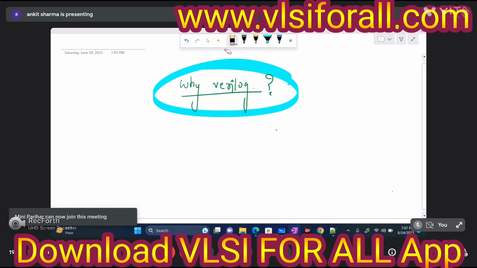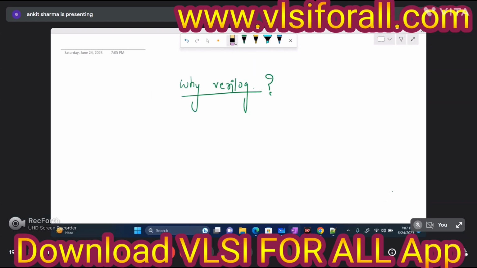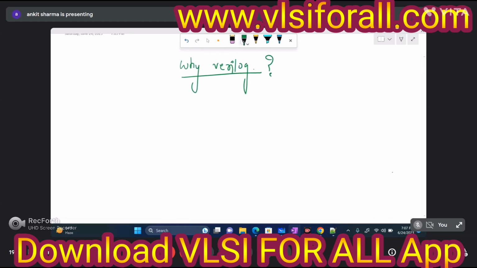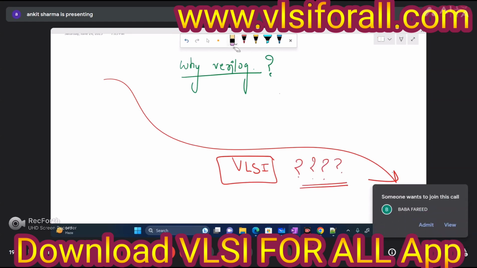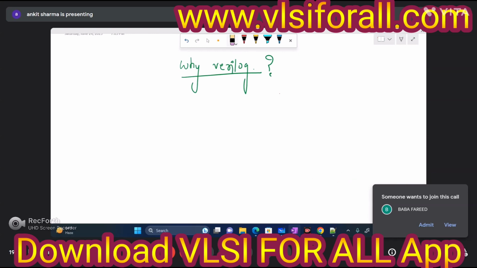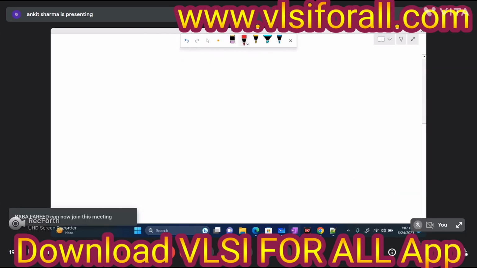And if a few of you are doing or have completed a master's in VLSI, then I think you have enough idea from some IIT or other campus. But if you did not, some of you might be working or might be tech students, so first of all you should know the actual flow. What is this VLSI? Yes, you will get a package. That's fine. But why? What is there in it?